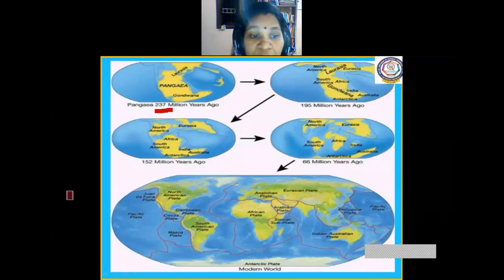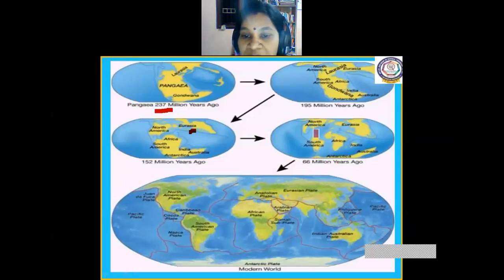And then in 152 million years ago, what happened? North America separated, see here. Africa and South America are in one landmass. Even India is here. Antarctica and Australia are also in one landmass. Asia is here. In 66 million years ago, see, they separated.